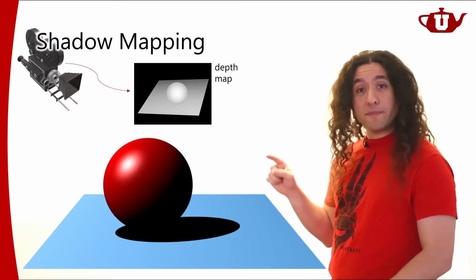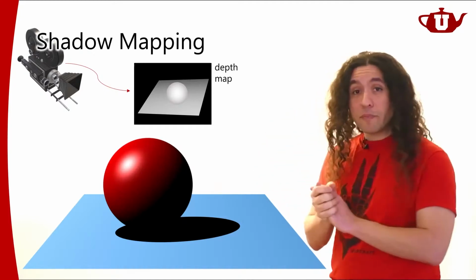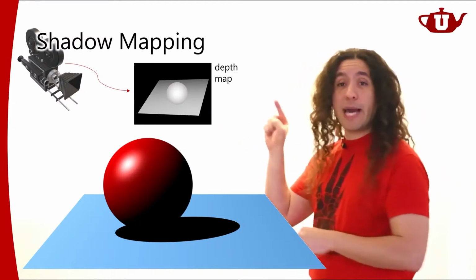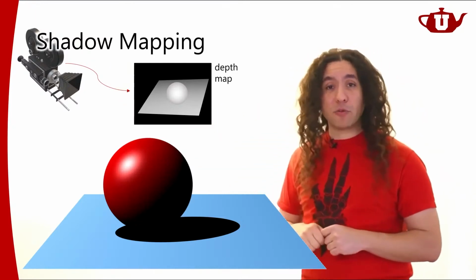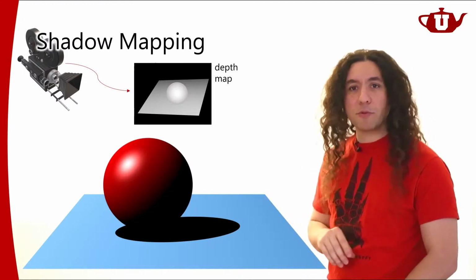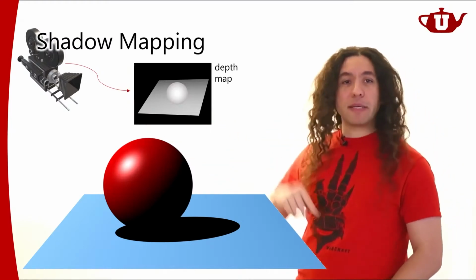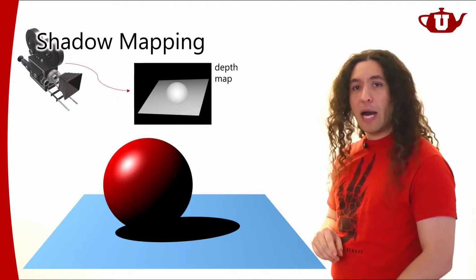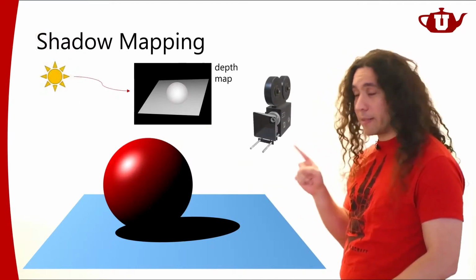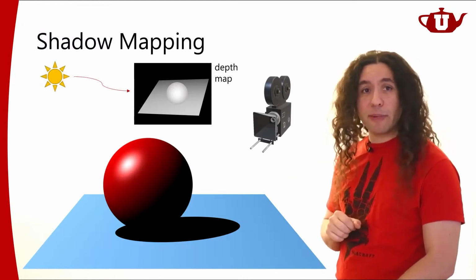When I'm rendering with shadow mapping, I'm first going to render this depth map image from my light source. If I have multiple light sources, I'm going to do that for each one. After I'm done rendering that depth map, I'm ready to render my final image using my actual camera, the camera I want to use for my scene.